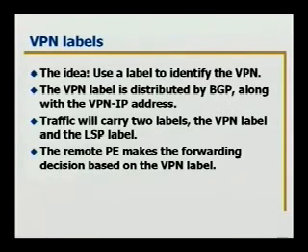So the VPN label is going to be distributed by BGP along with the VPN IP address. At the same time that the VPN IP address is advertised, a label is going to be advertised with it. And now the traffic is going to carry two labels, the VPN label and the LSP label. And the remote PE is going to make the forwarding decision based on the VPN label.